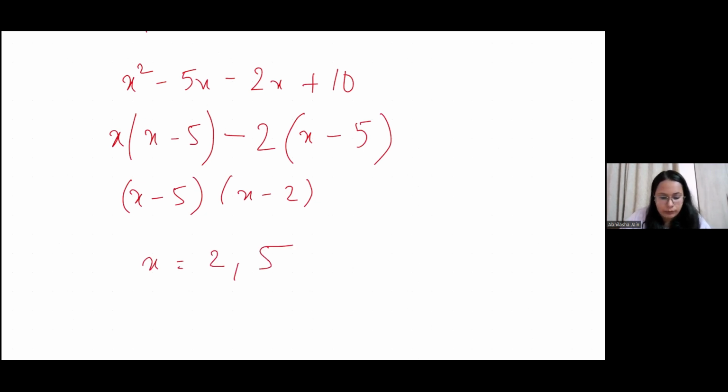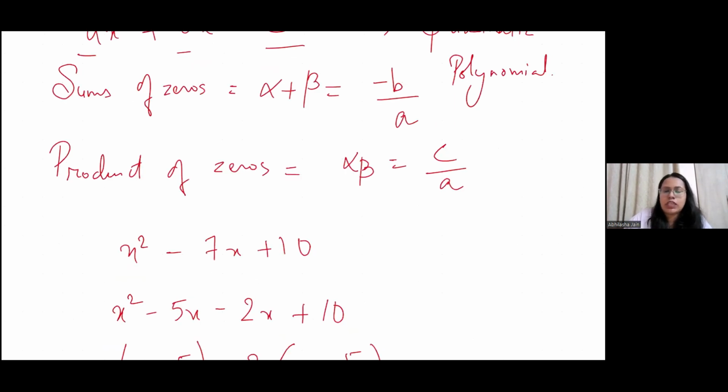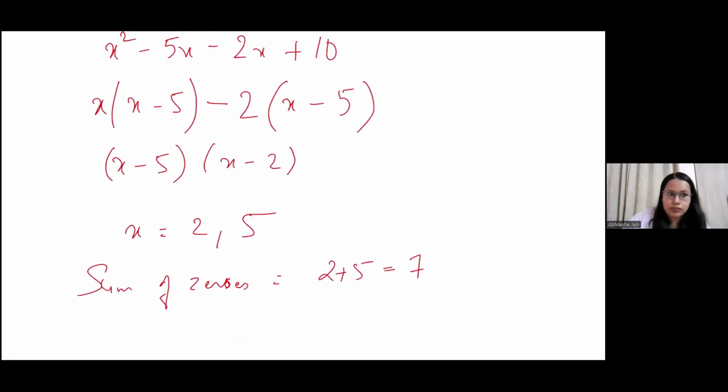Now let's try the sum of zeros: 2 plus 5 is equal to 7. And what was the formula for sum of zeros? Negative b over a. What is negative b? b here is negative 7, so negative b is negative of negative 7, and a is 1.